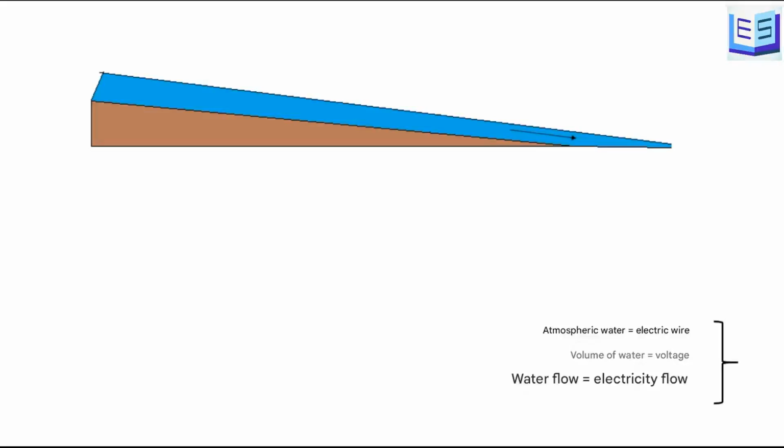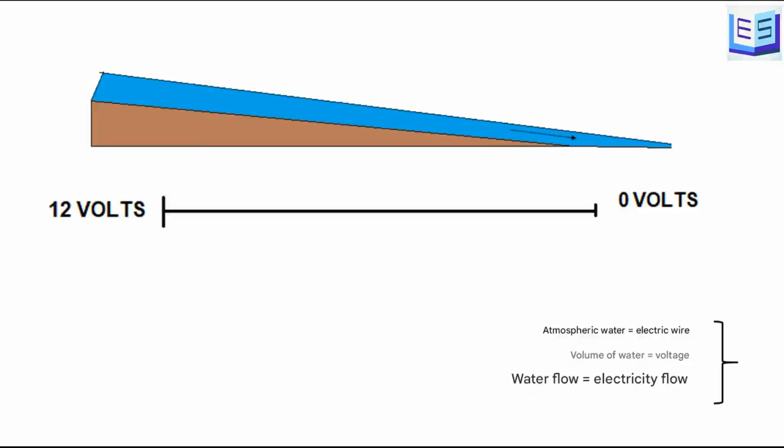In electricity, it is the same. Electric current moves from the side with higher voltage to the side with lower voltage. For example, if one end of a wire has 12 volts positive and the other end has 0 volts, the current will flow from the side with 12 volts to the side with 0 volts.